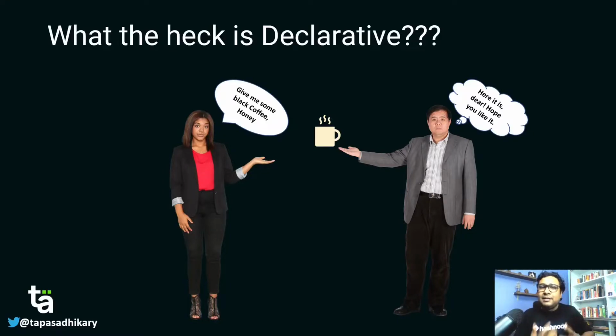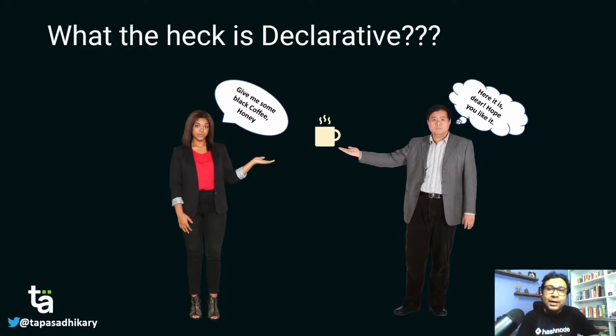This is a declarative approach where you are telling someone, in the programming case the computer, what you are expecting and not telling how to fulfill that expectation. That is declarative. So in declarative programming, you are telling the computer, hey computer, I want this as an output, but you are not telling the computer line by line how to get this thing done.